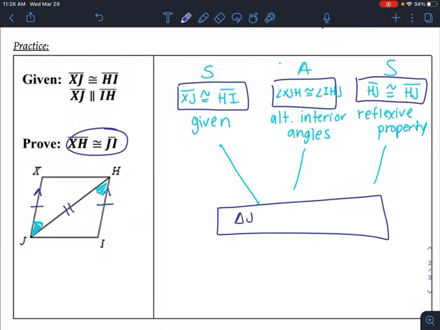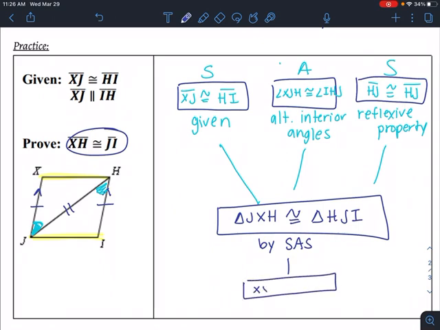So triangle JXH is congruent to triangle HJI by side angle side. Remember, we were trying to prove that these two sides right here are congruent. So now we can say XH is congruent to JI by CPCTC.